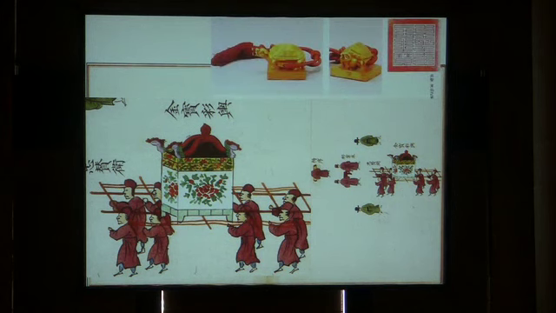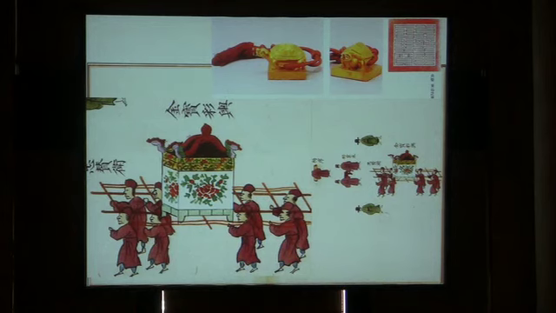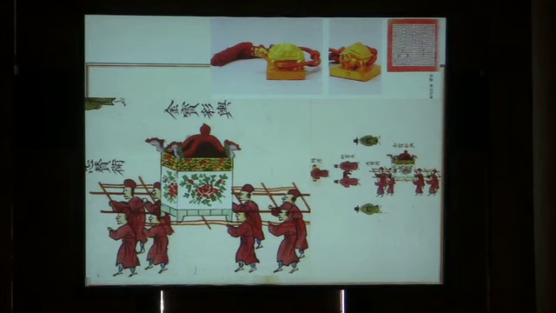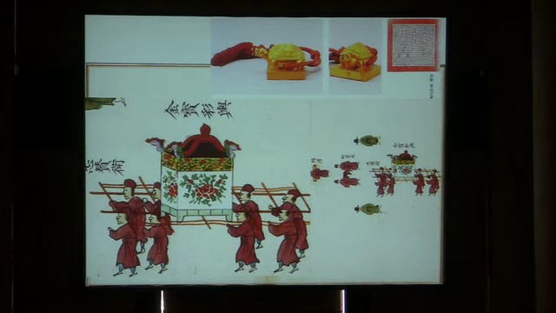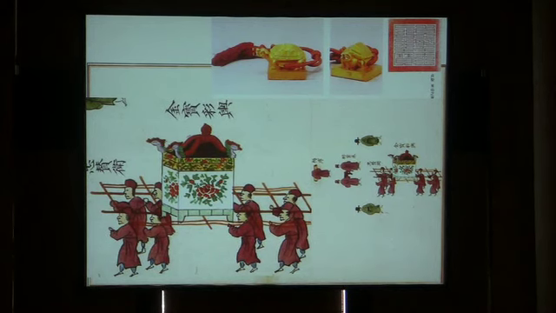So these are two seals for King Jeongjo's first wife. By the way, the second wedding that I showed you the procession from took place in 1759 when King Jeongjo was 66 years old and his bride 15 years old.